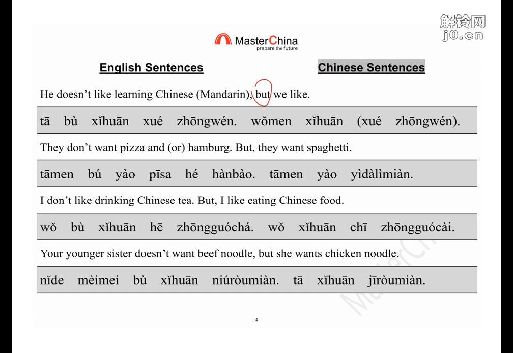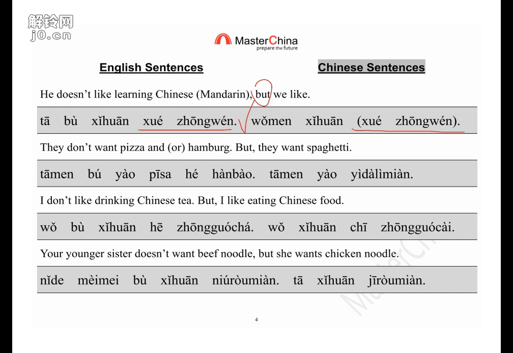No connection words or construction words between the sentence, please. And here, because this is the part we already said in the first part, so we need them to repeat. Just say 我们喜欢, or you say 我们喜欢学中文 for the complete sentence is okay, no problem.